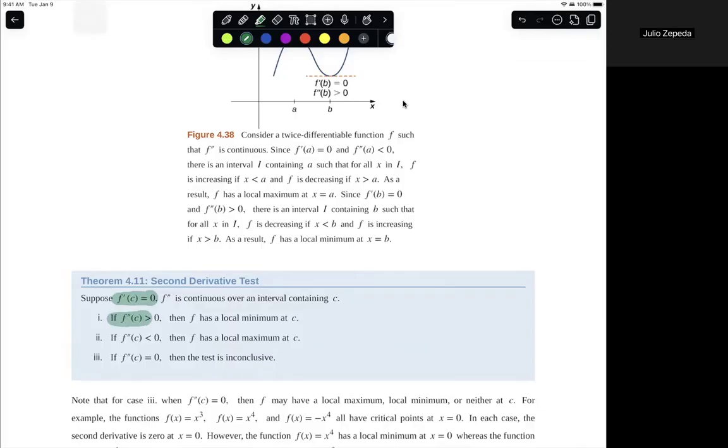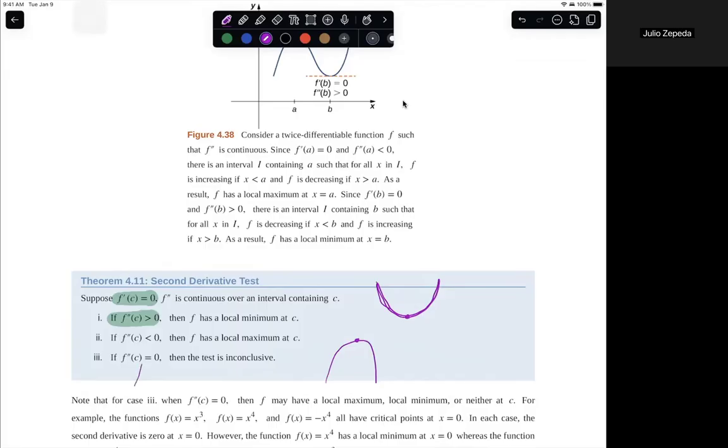If the second derivative is positive, so the function is concave up, then there will be a local minimum at that critical point. And if the second derivative has a negative value, then there's a local maximum at that critical point.